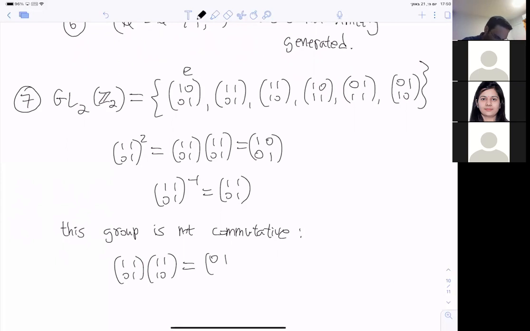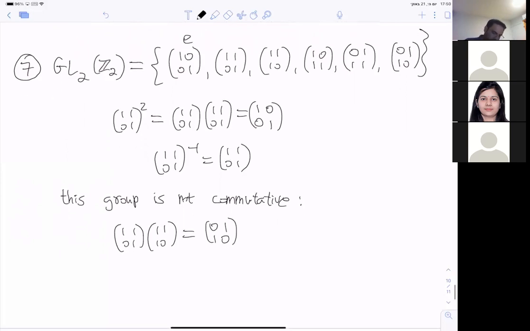And 0 and 1 is 1. And 0 and 0 is 0. But if we take the opposite direction, maybe these do commute, maybe. But in general, this group is not commutative.